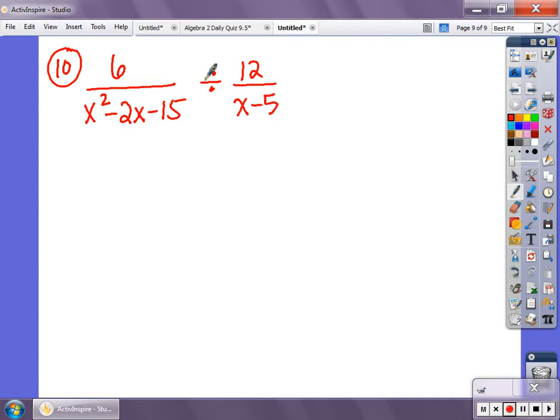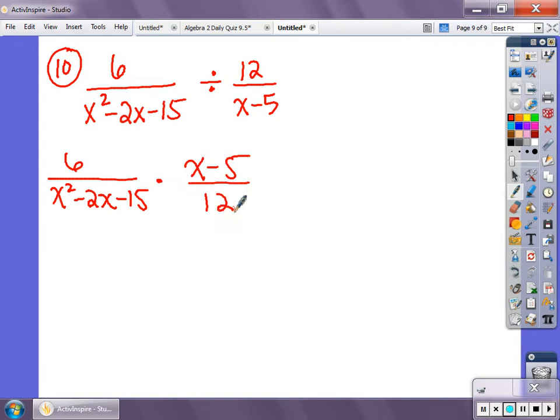Remember, if it's division, you want to automatically change that to multiply, and you're multiplying by the reciprocal. So 6 over x squared minus 2x minus 15, change to times, and then flip this: x minus 5 all over 12. You never ever flip that first fraction.